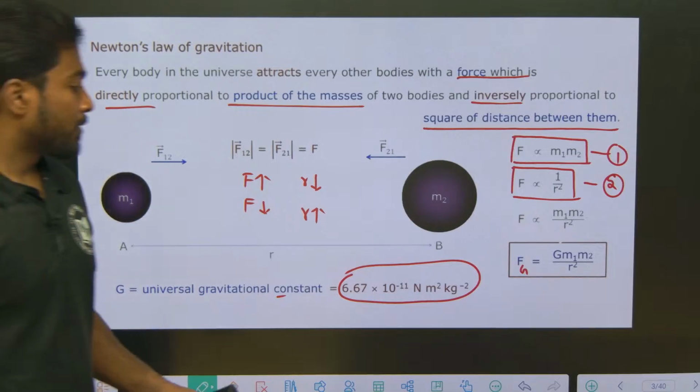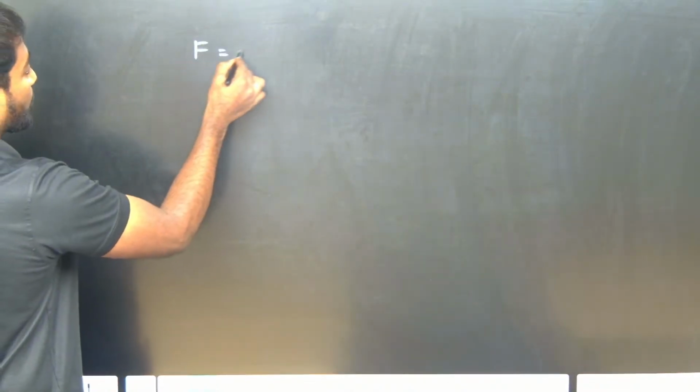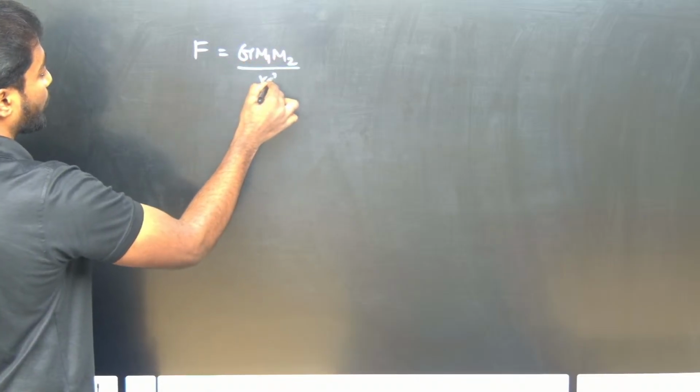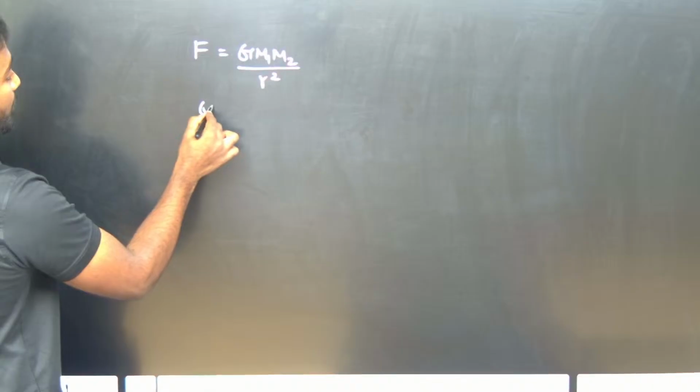So if F equals G m1 m2 by r square, then G equals F into r square divided by m1 m2.